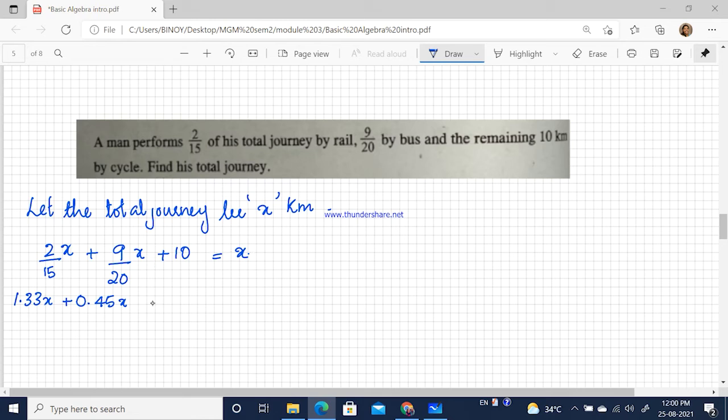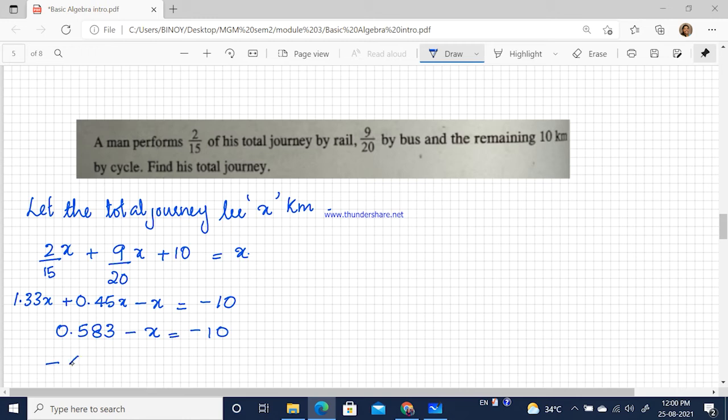We'll take the x to the other side, so it is minus x is equal to minus 10. So when you add 1.33 plus 0.45, when you add all these things, you will get 0.583 minus x is equal to minus 10.